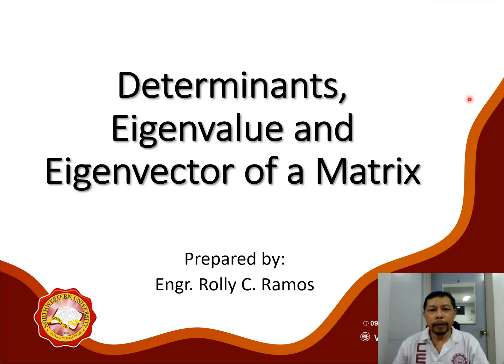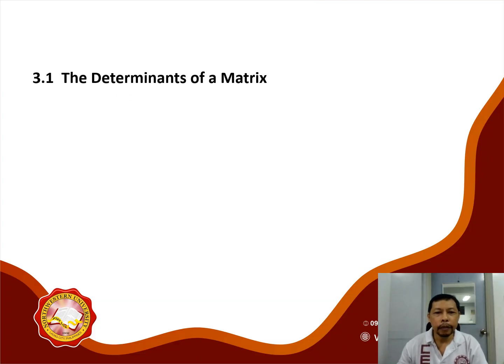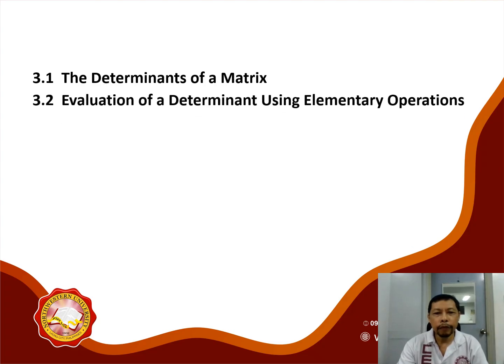Okay, so our final topic is about determinants, eigenvalue, and eigenvector of a matrix. So in this lesson, we'll be talking about determinants of a matrix, evaluation of a determinant using elementary row operations as well as elementary column operations.